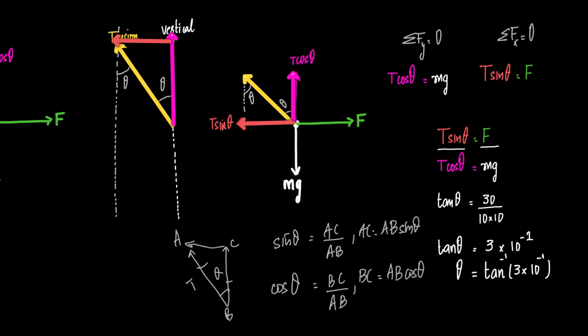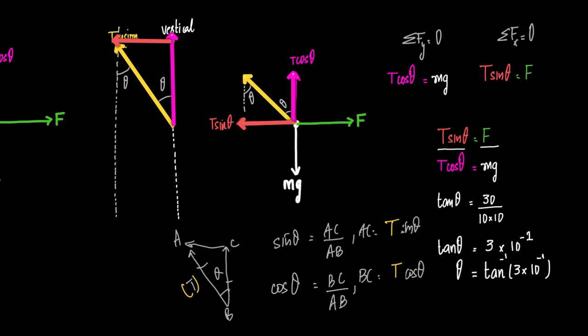Now AB is represented by the tension T. So these two can be replaced as T sin theta and T cos theta. Therefore the components are T cos theta, which is BC, and T sin theta, which is AC.